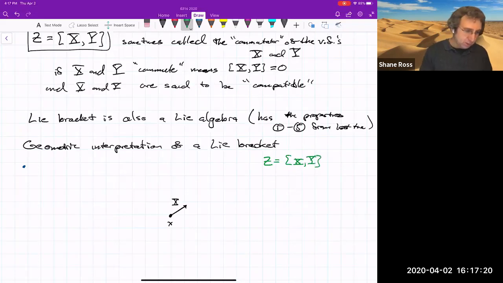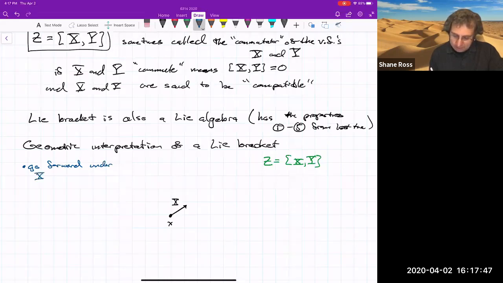So you first go forward under the vector field capital X for a small time step dt. Not infinitesimally small, but small. So if I'm starting here, there's my vector field.